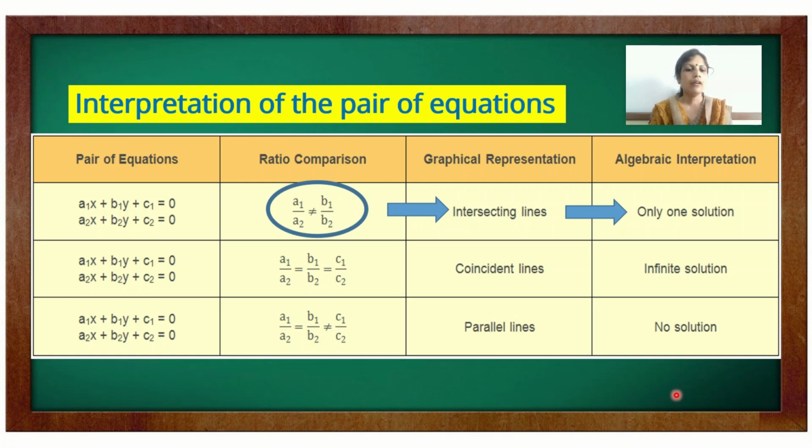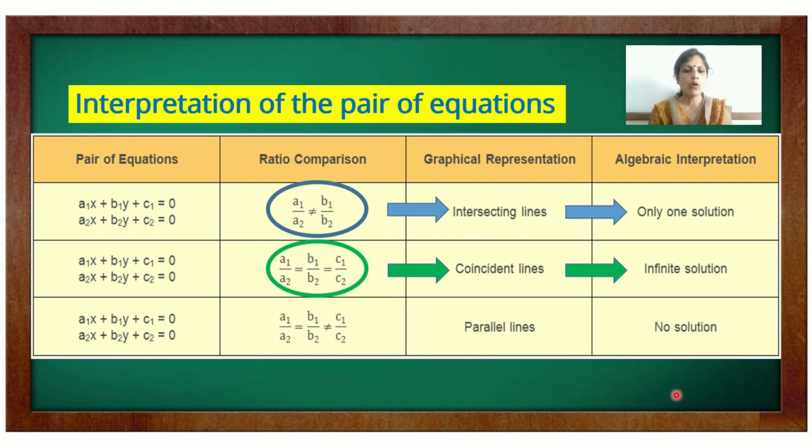Now if you find that the ratio A1 upon A2 is equal to B1 upon B2 is equal to C1 upon C2, in that case the graphical representation of the linear equations in two variables will be coincident lines. Both the lines will coincide with each other. Both the lines will overlap each other. That shows that the equations have infinitely many solutions.